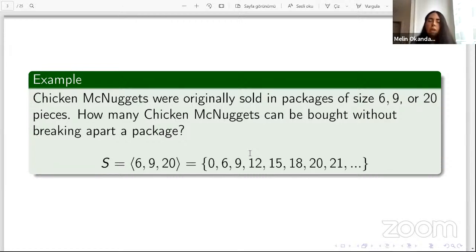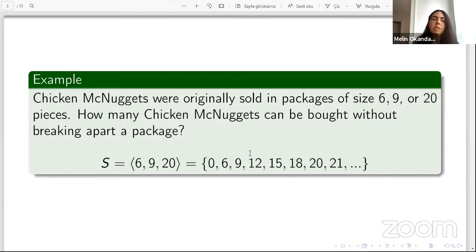You can just take combinations of 6, 9, or 20, and you can notice that there is no way of buying negative chicken McNuggets, so there is no subtraction here. We are just adding 6, 9, 20 to each other, and all the possible positive combinations will give us a numerical semigroup in which the generators are 6, 9, and 20, because we are only allowed to buy packages of 6, 9, and 20 again.